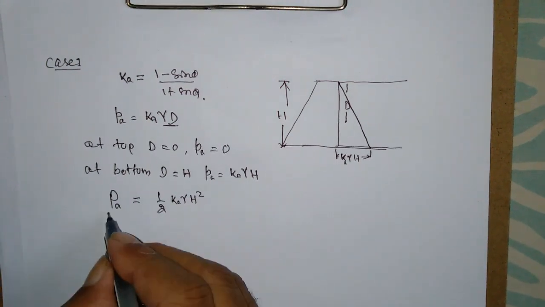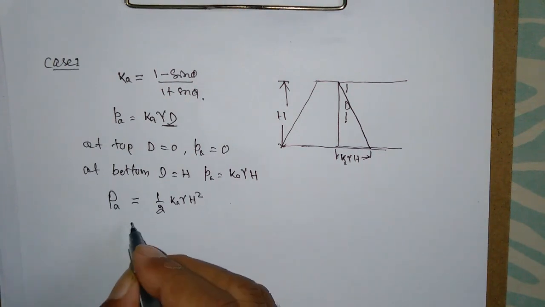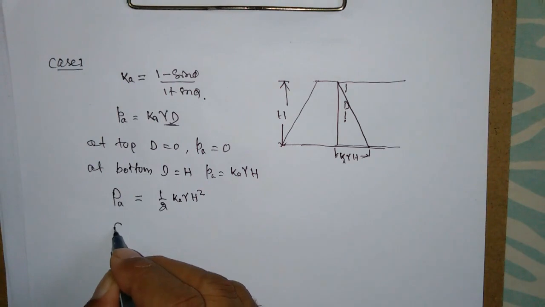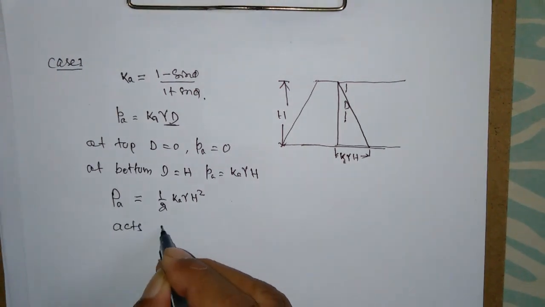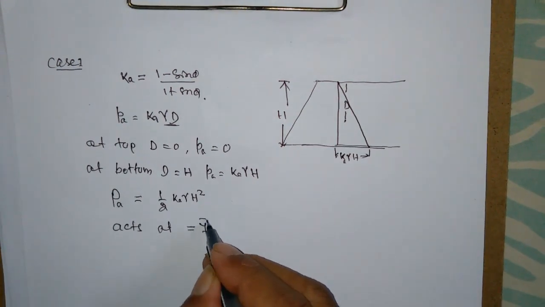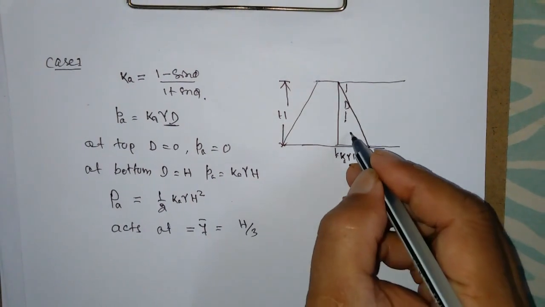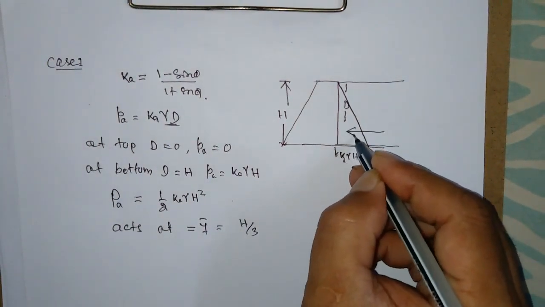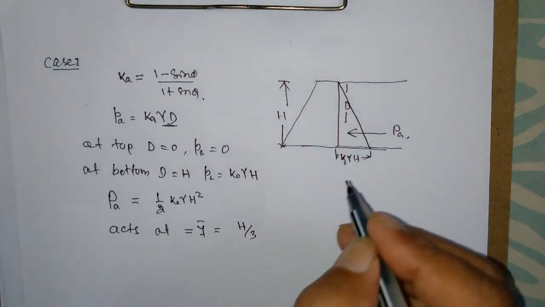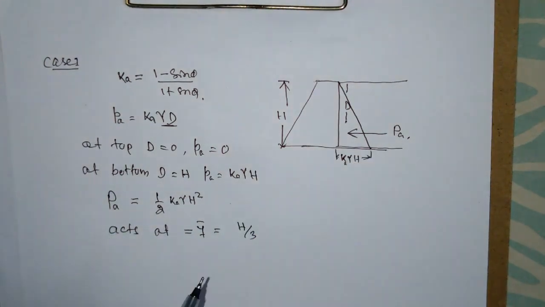Then definitely the active earth thrust, capital Pa, will be acting at a single point. The point of action is required to determine. So we write it as Y bar, it is H by 3 because of the CG of the triangle. So this is the Pa. So this is the formula in the original case.